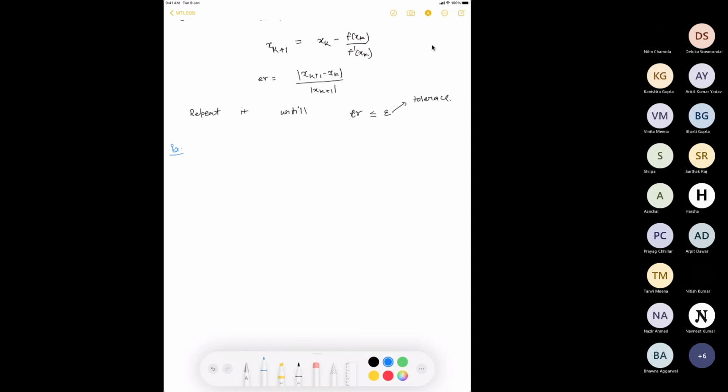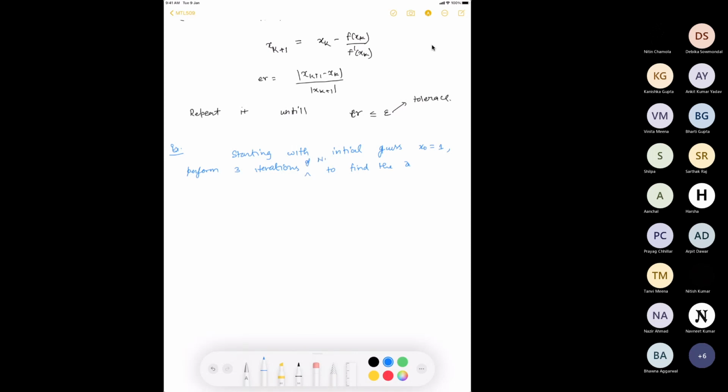I'm going to find only 3 iterations, starting with the initial guess x naught equal to 1. So you have to perform 3 iterations of the Newton-Raphson method.